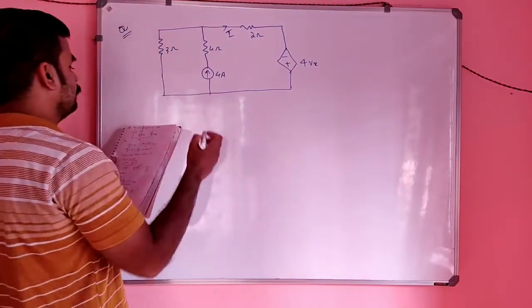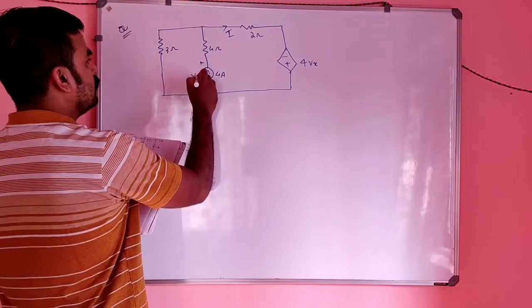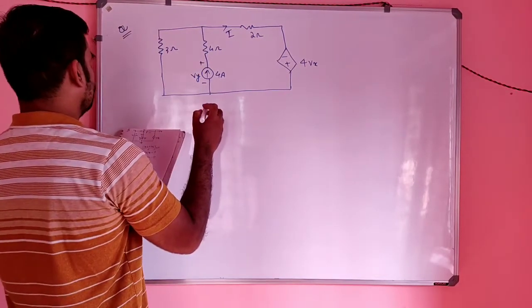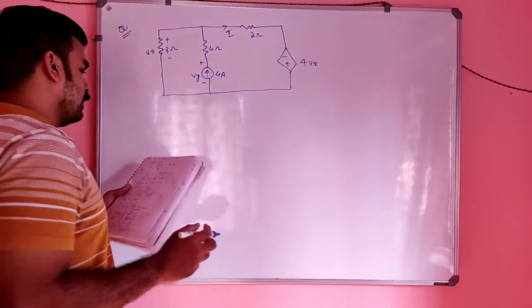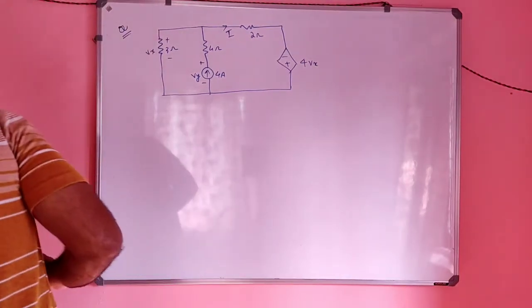It's 4 ohm and it's given as Vy, and it's given as Vx. Okay, so this is the problem.